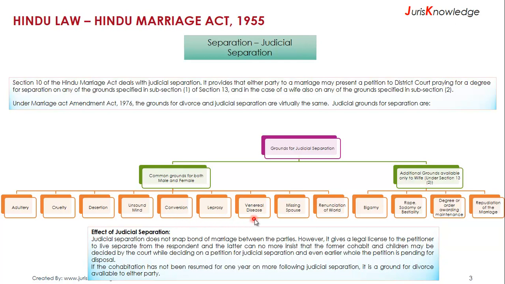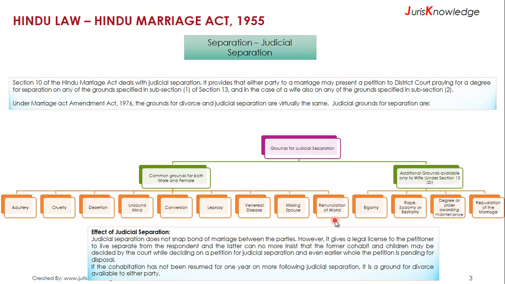Then we have leprosy or venereal disease. These are specific diseases under which the provisions have been granted that either of these spouse can file for a judicial separation. Missing spouse is a spouse missing for the past 7 years or above and not contactable.